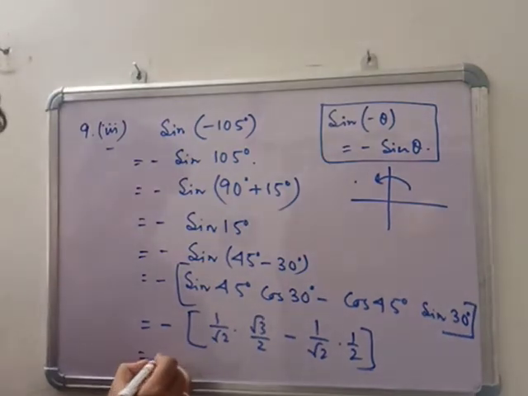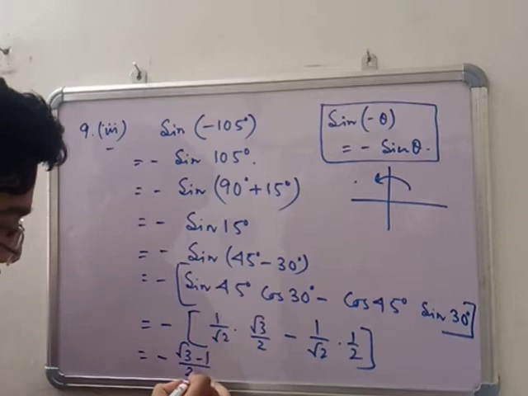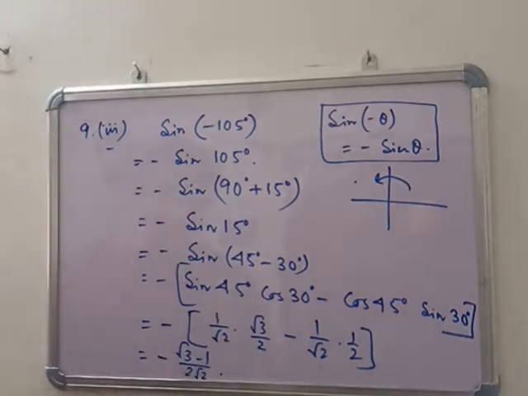So that means we can calculate this. This is root 3 minus 1 by 2 root 2. So root 3 minus 1 by 2 root 2 is the answer here. Note down all of it.